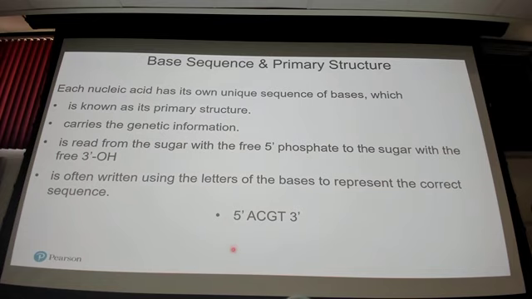So this short sequence of nucleotides is 5', A, C, G, T, 3'. We're going to go over an example on how to determine the complementary strand of this molecule.